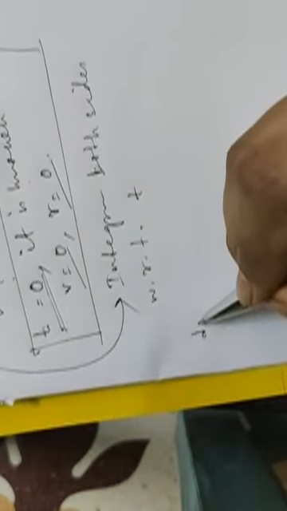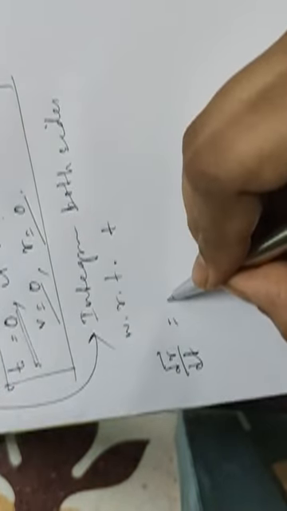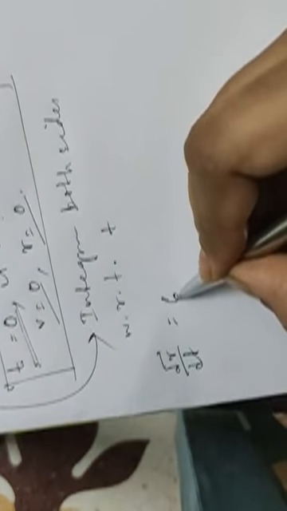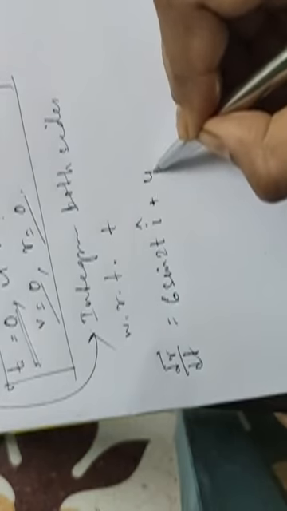From the left hand side we will get dr/dt. From the right hand side we just integrate term by term. First we will get 6 sin 2t i cap plus 4 cos 2t j cap plus 8t² k cap plus some constant vector c.